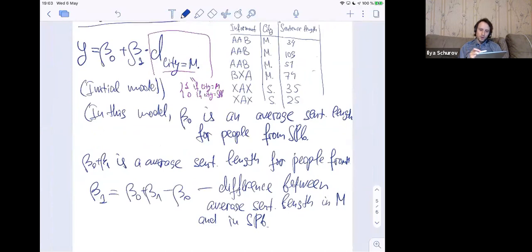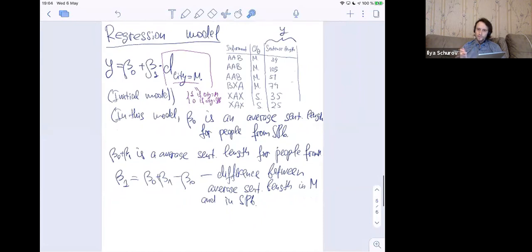So using this regression is more or less the same thing as performing a two-sample t-test, because this beta 1 measures the difference between averages of two groups. And if we see that this variable is significant, then it means that this difference is significant. And this is more or less the same thing as doing a two-sample t-test. Okay.